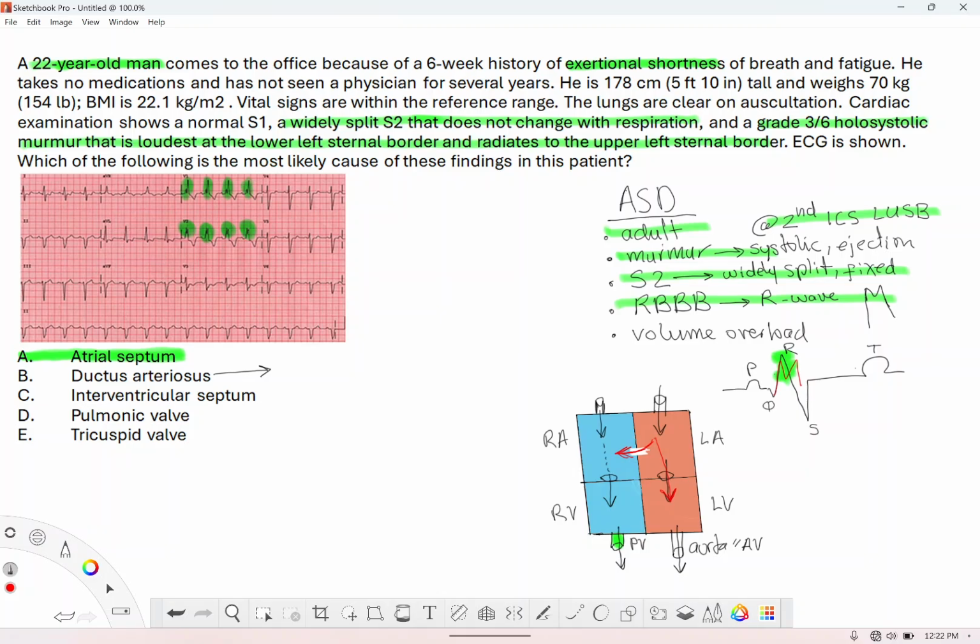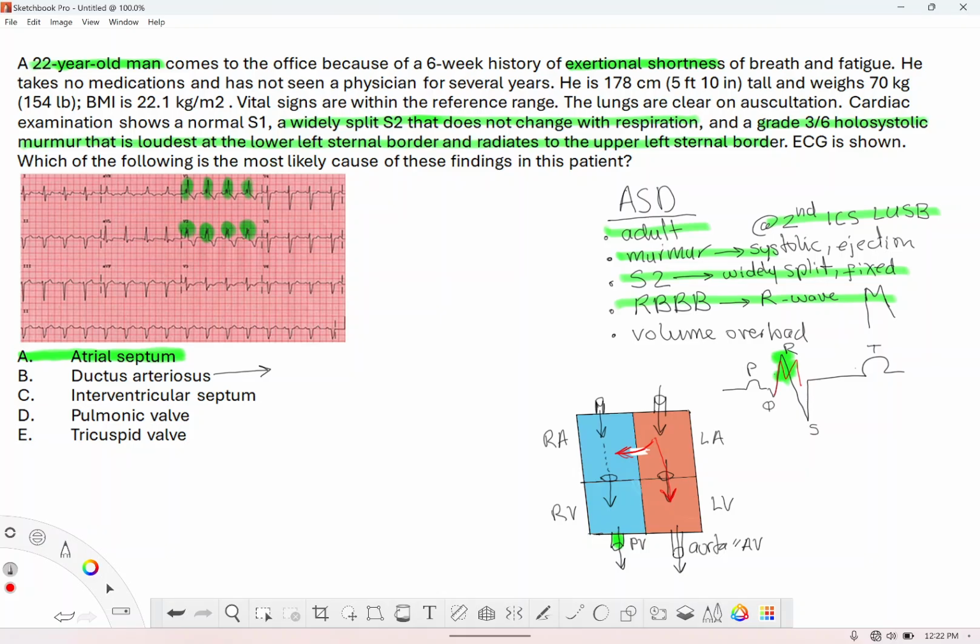So all the blood that was pumped by the right ventricle went to the left atrium, but from the left atrium, some of it came back to the right side of the heart, which means the right heart is now receiving a lot more blood than before. The right side of the heart is receiving blood from the entire body, plus blood that it pumped, which is supposed to go to the left side of the heart and from left side to the body, but it's coming back to the right side of the heart.